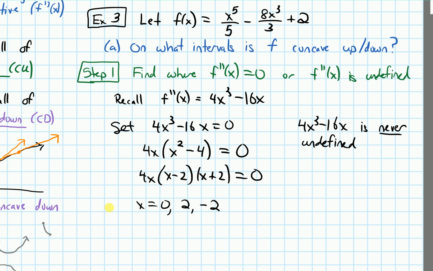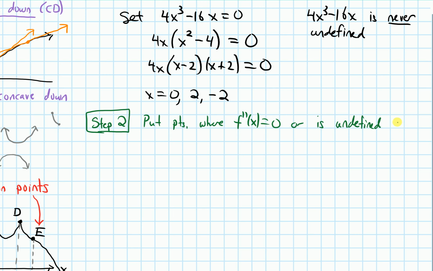So step 2 is to put the points where the second derivative equals 0 or is undefined on a number line and make a sign chart.